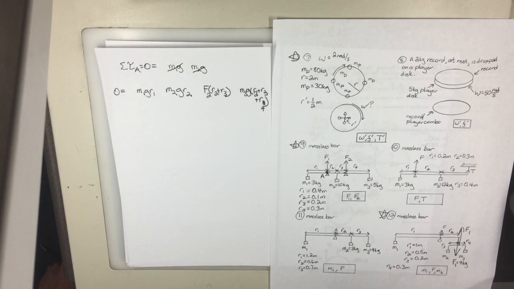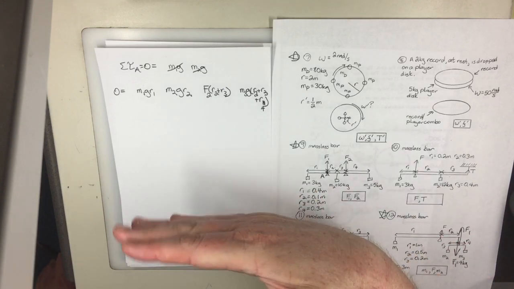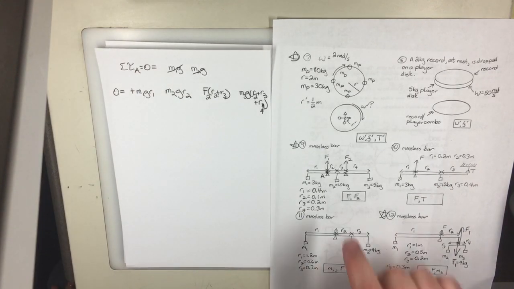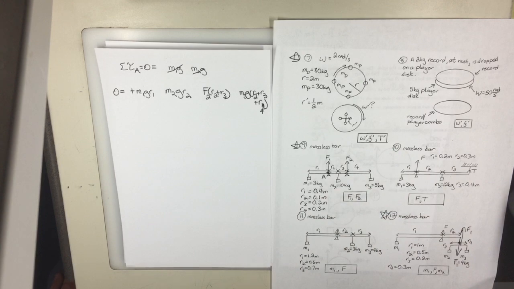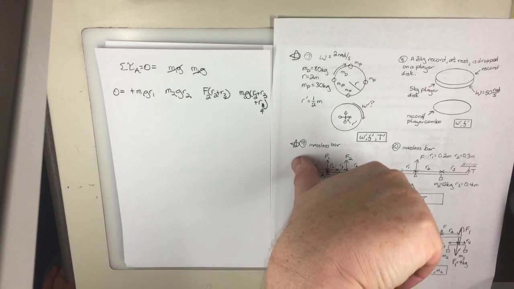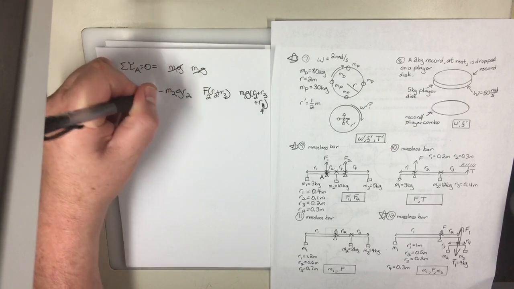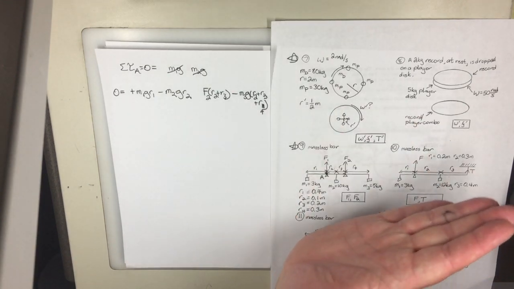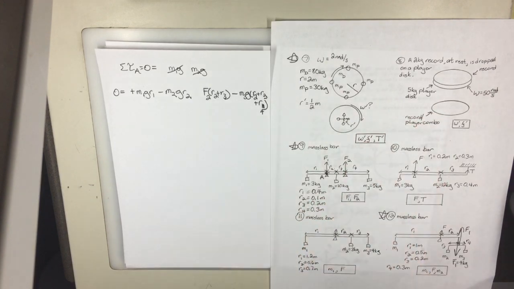Now we've got to figure out signs. Everything is in relationship to A. M1G, left, down, out of the page are positive. M2 and M3 are both right and down into the page. So M2GR2 and this last term are both negative. F2 is to the right, but up, thumb out of the page, or positive. And you get this. Now solve for F2.